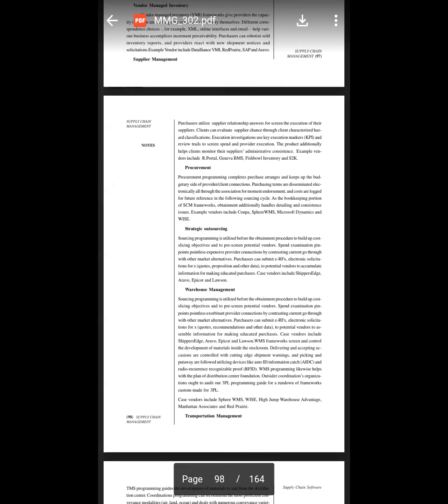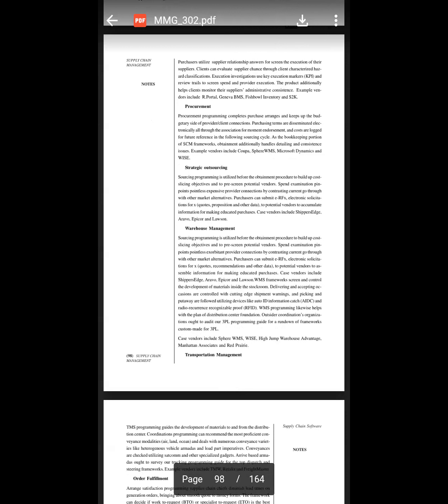Now, warehouse management. How can we manage the warehouse? A warehouse can be managed by utilizing proper software such as WMS. In your book they have given the example of a WMS framework screen. There are other ways of managing the warehouse, such as keeping a proper track record of ERP and of MRP, that is material resource planning.